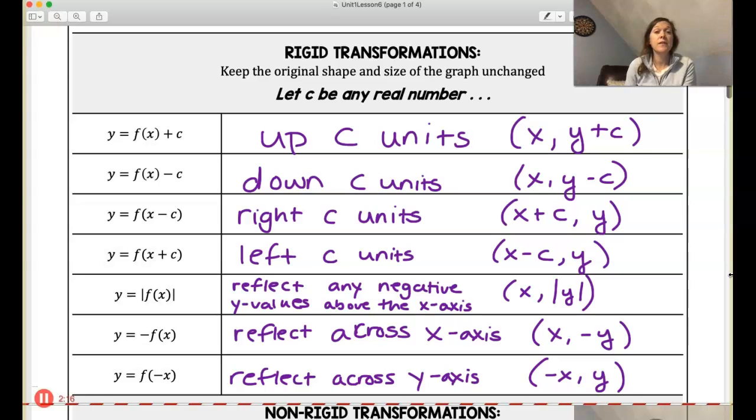Okay, so those are all the different types of rigid transformations. Hopefully you already have the first 4 in your toolkit from previous classes. Maybe we didn't quite remember our reflections over the x and the y axis, but you want to make sure that you have those down.